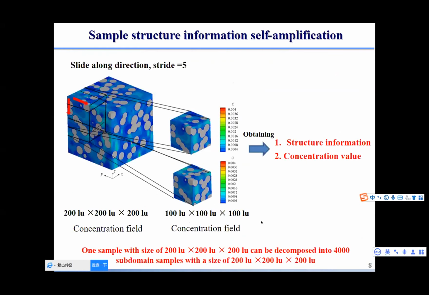However, we know this structure is very complicated. Doing the case based on the reconstructed porous structures is always a very time-consuming process. If we use a data-driven method, we need a lot of training samples in the training process.